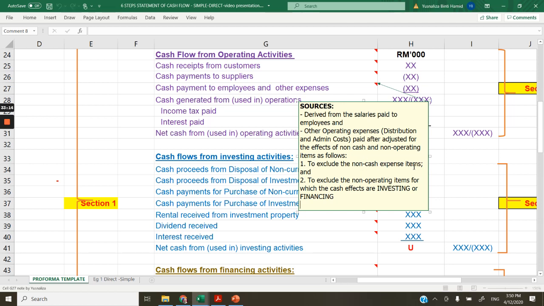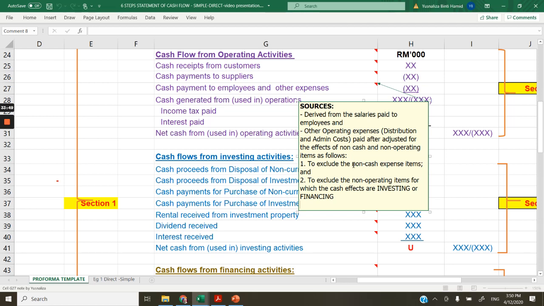And when we talk about non-cash items, we will be talking about that in detail later when we prepare the statement. But just to share with you, the common non-cash items are depreciation, loss on disposal, gain on disposal, the deficit on revaluation, the amortization of assets, the impairment loss, and the changes in fair value, which relate to gain or loss on investment properties, and there are many more.